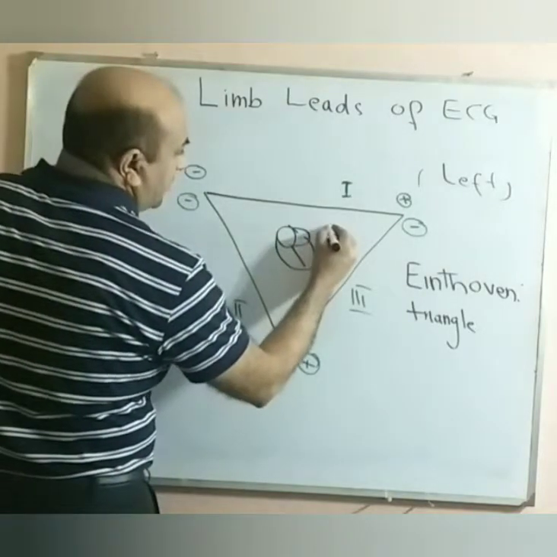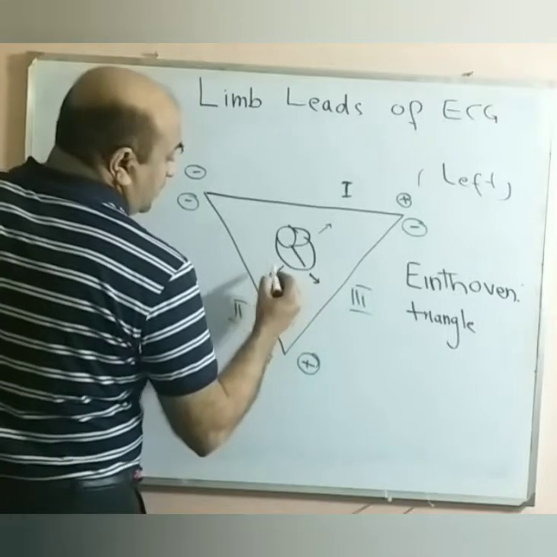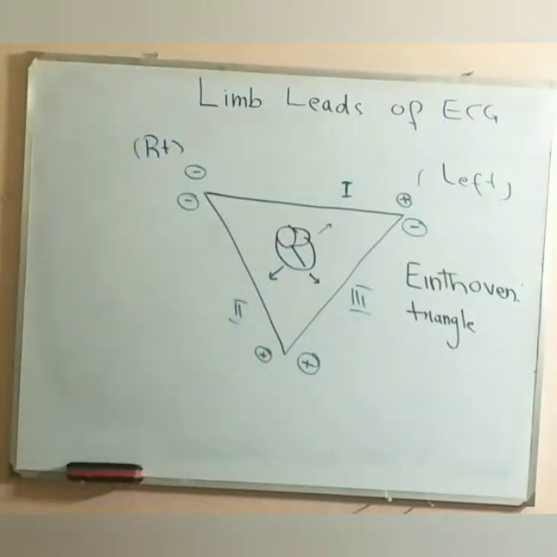This one, it goes this way, and this way. The wave of depolarization is moving around all of these bipolar limb leads. And we know as a fact that when a wave of depolarization is moving towards any lead or electrode, it generates a positive deflection on the ECG paper.